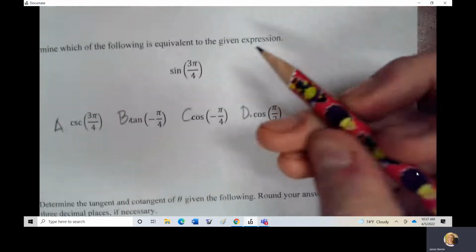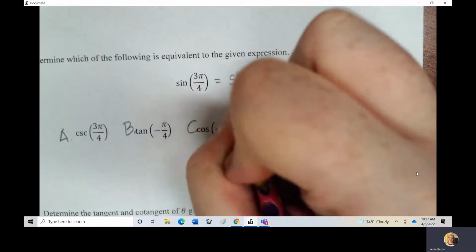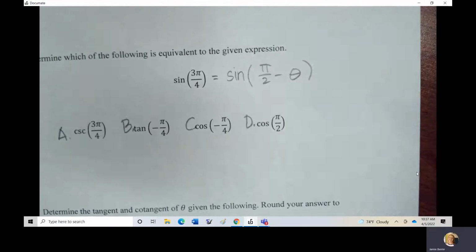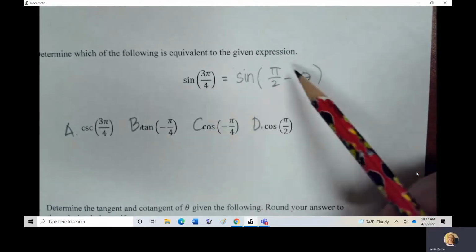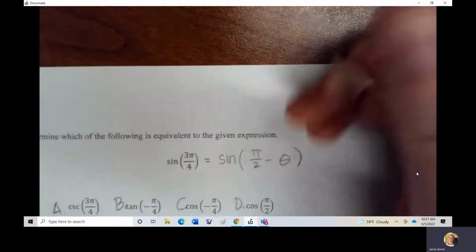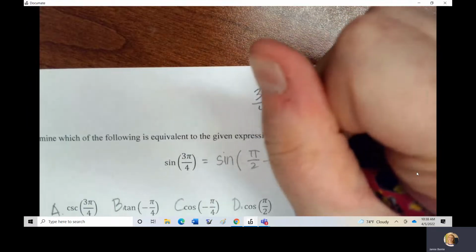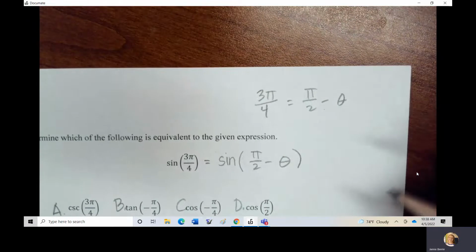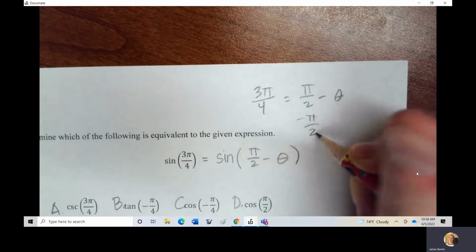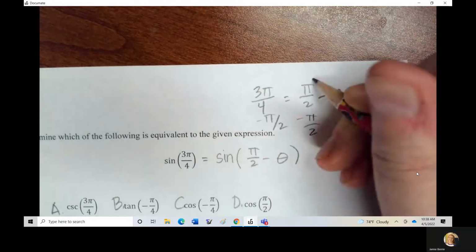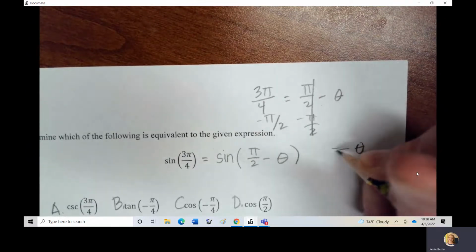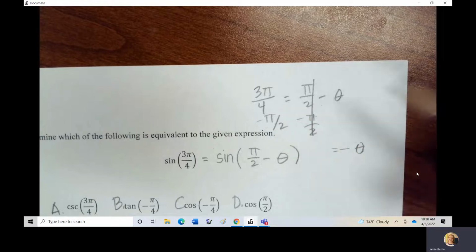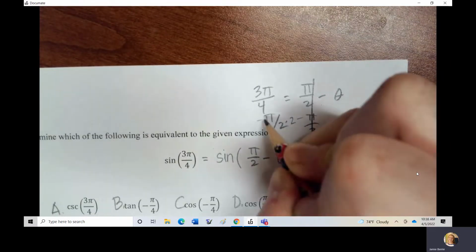So this is supposed to be written in the form sine of pi over 2 minus theta. That means 3 pi over 4, we're going to set that equal to pi over 2 minus theta, and figure out what theta is. So subtract pi over 2 from both sides. Negative theta equals, got to get a common denominator here. Common denominator would be 4, so multiply the top and the bottom by 2.